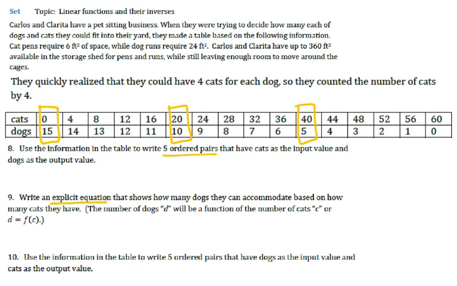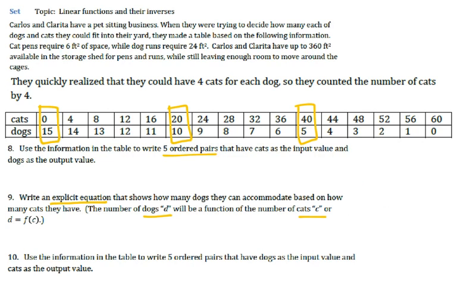Except they want you to use D for dogs, C for cats. So using this information, they want you to try to find out what it would be. It shows how many dogs they can accommodate based on how many cats they have. So you've got to find that connection between what's happening.